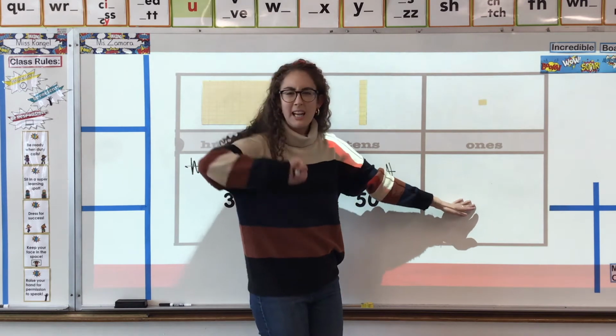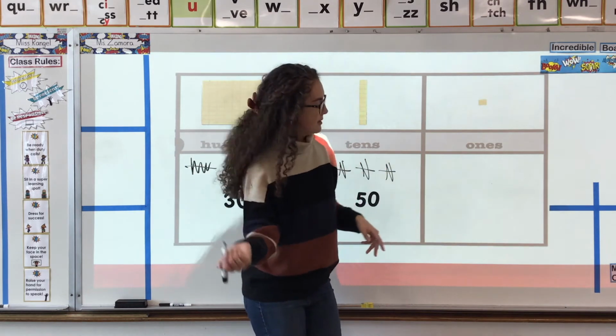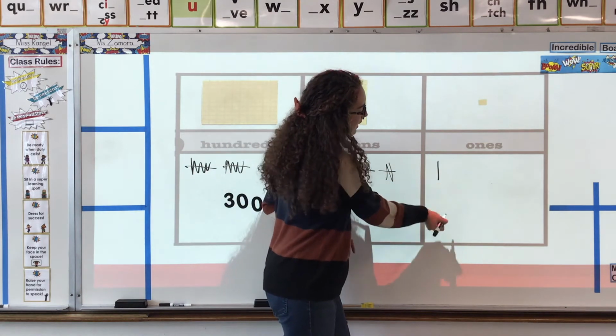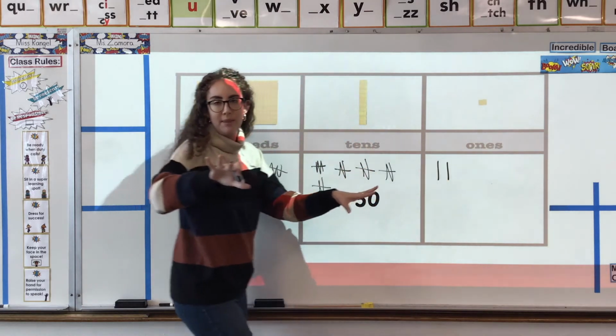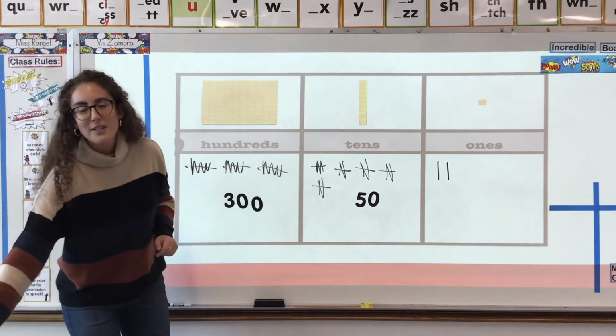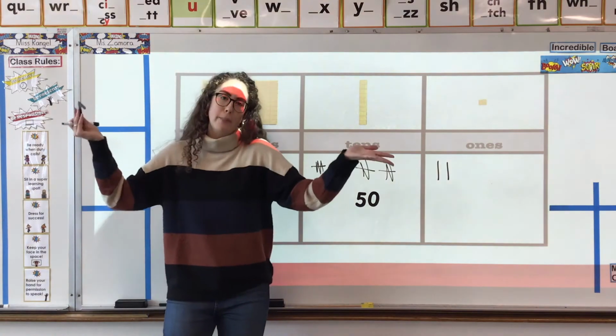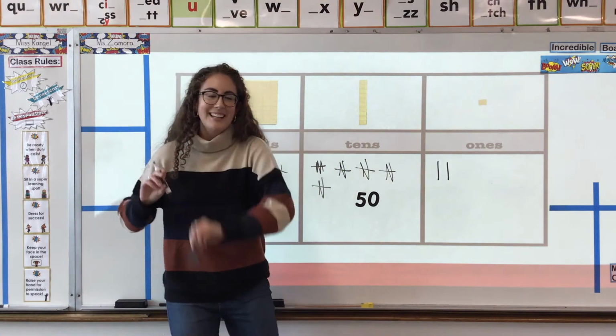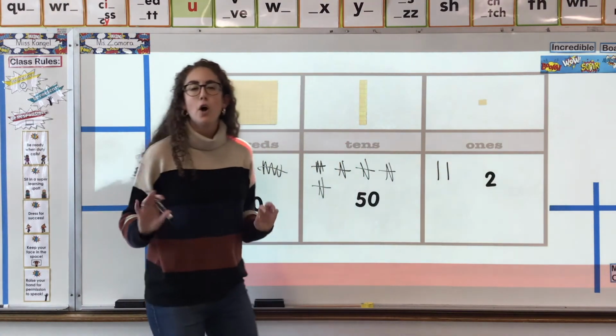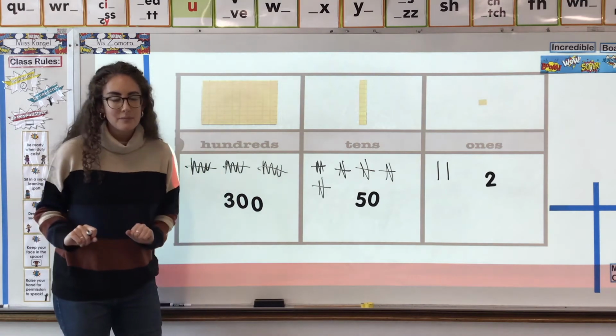Now the ones. Can you just quickly draw 2 ones? Here we go. 1 one, 2 ones. That's it. And 2 ones is what number? It is just a single 2, exactly.